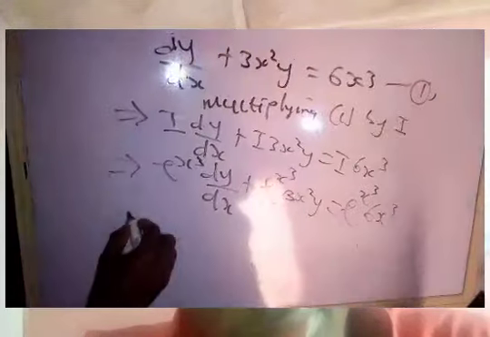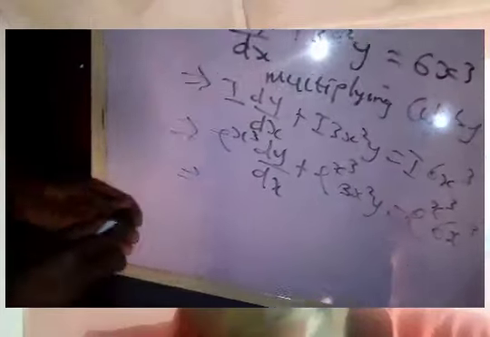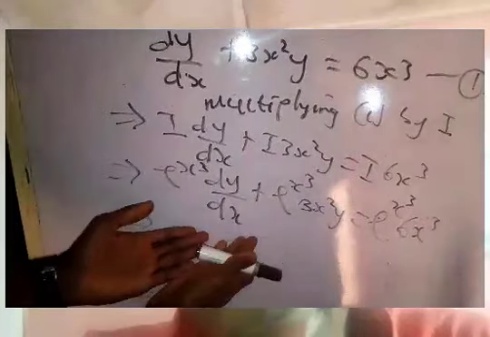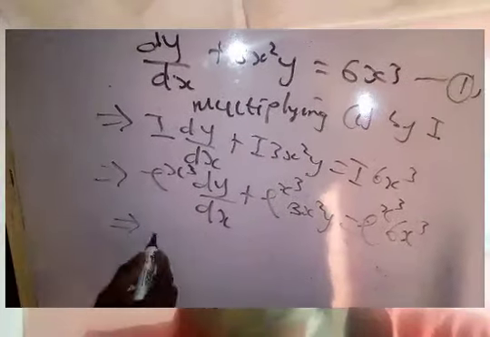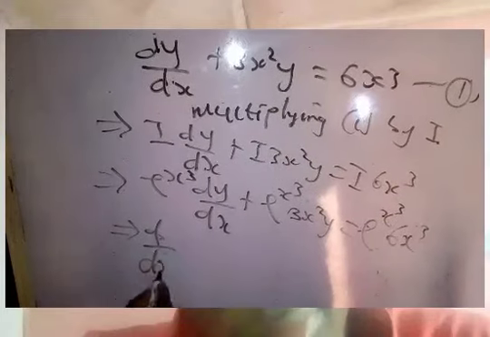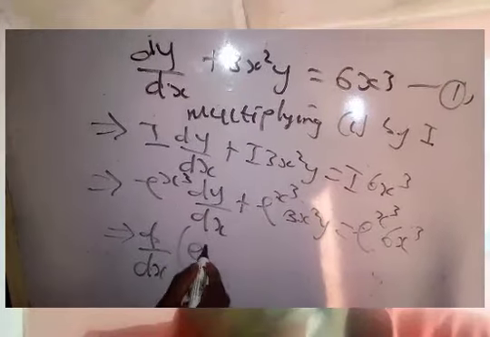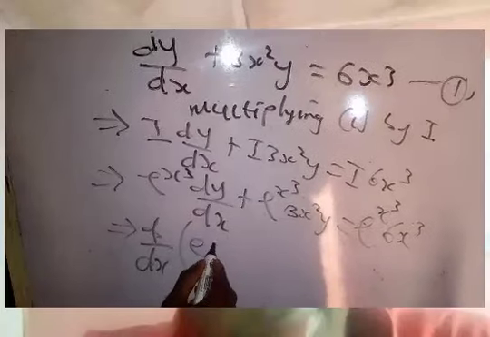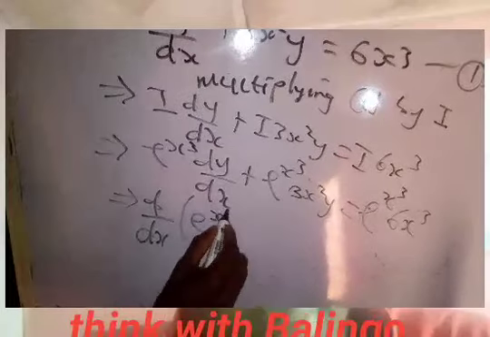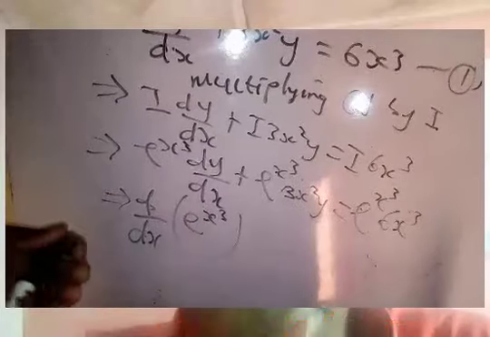If you look at this now, the left hand side is actually the derivative d over dx of the function e to the x cubed times y.